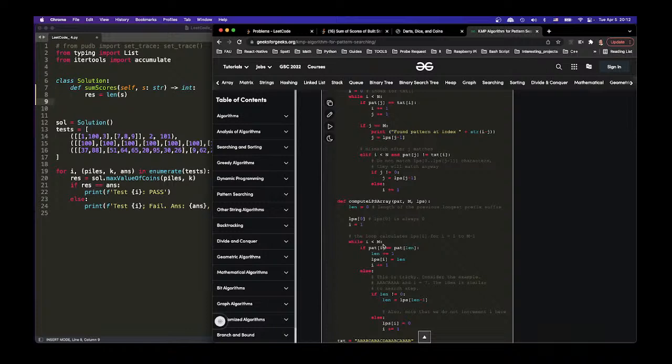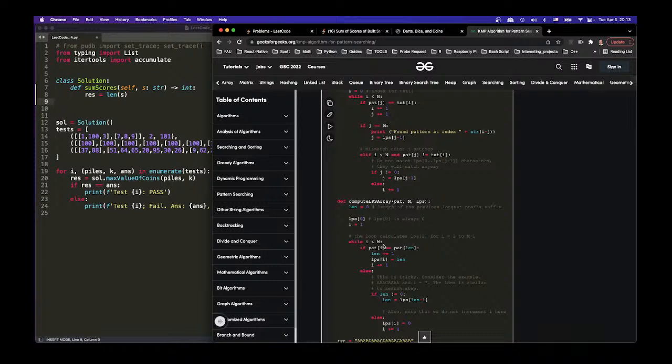If the length is not equal to 0, so I have a length from the previous, then length equals LPS[length - 1].